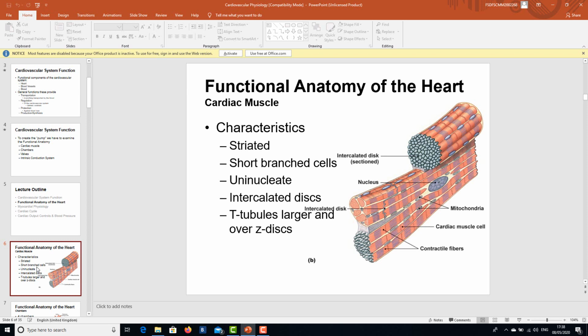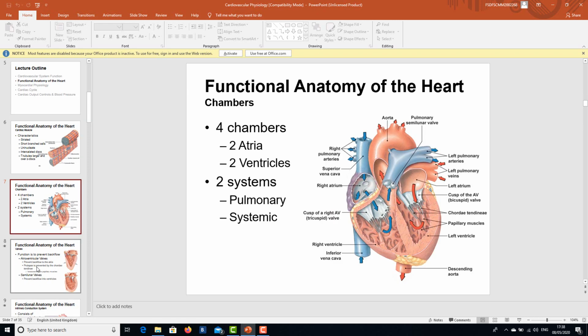They have large T tubules and a very high number of mitochondria. We have to keep the structure of cardiac muscle in mind when we are learning about the functioning of the heart.